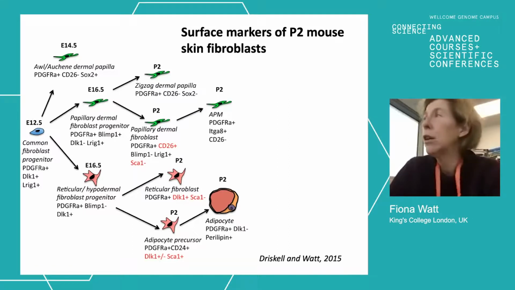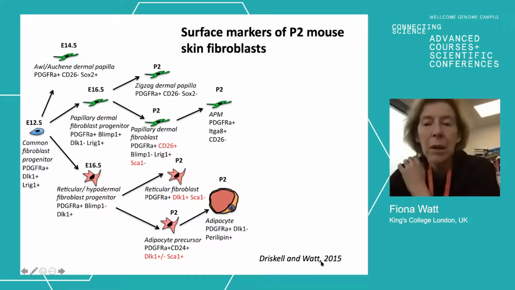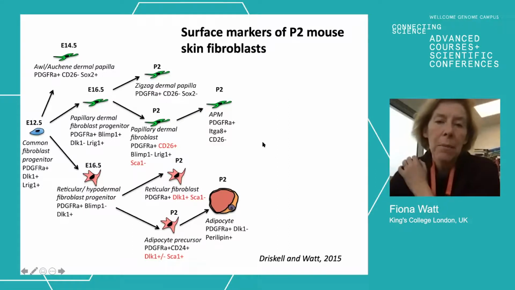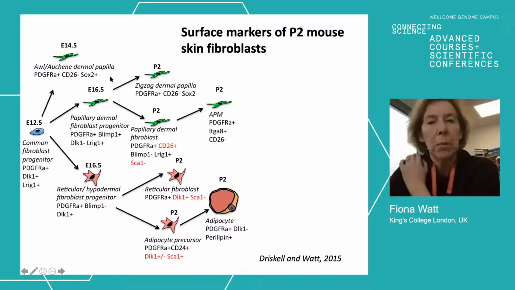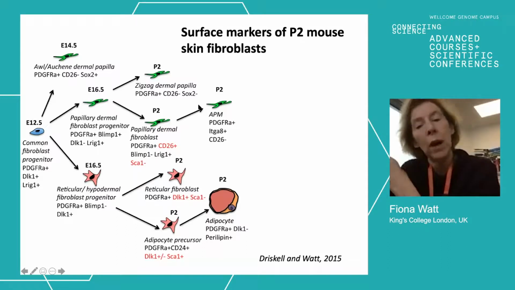I'm not going to take you through this in any detail because the work is published, but essentially the question was, do different subpopulations of fibroblasts exist in human as well?